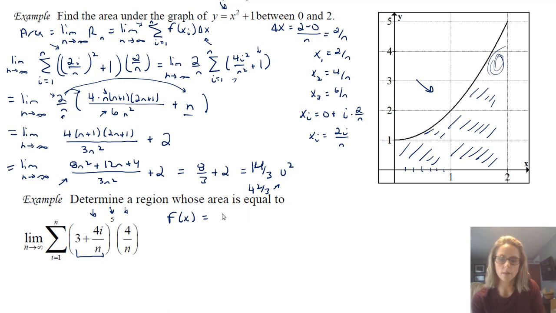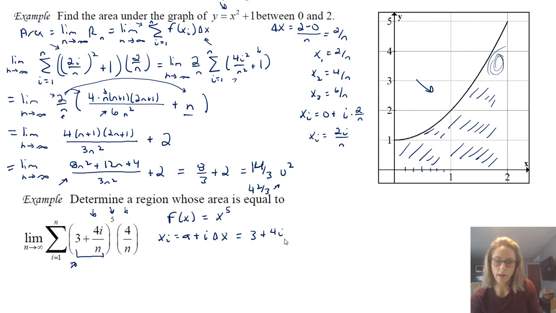So we should see that this would be the function x to the fifth. And x sub i, the sampling points, remember, are a plus i times delta x. And that is what goes inside the function. So that's this piece right here, 3 plus 4i over n.